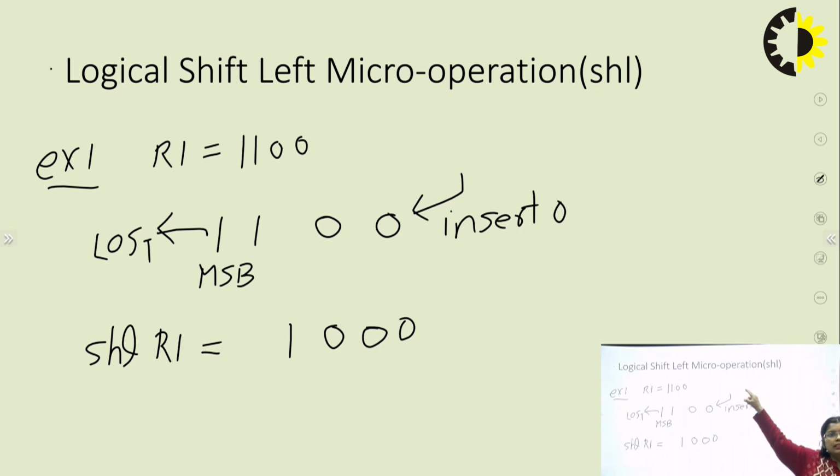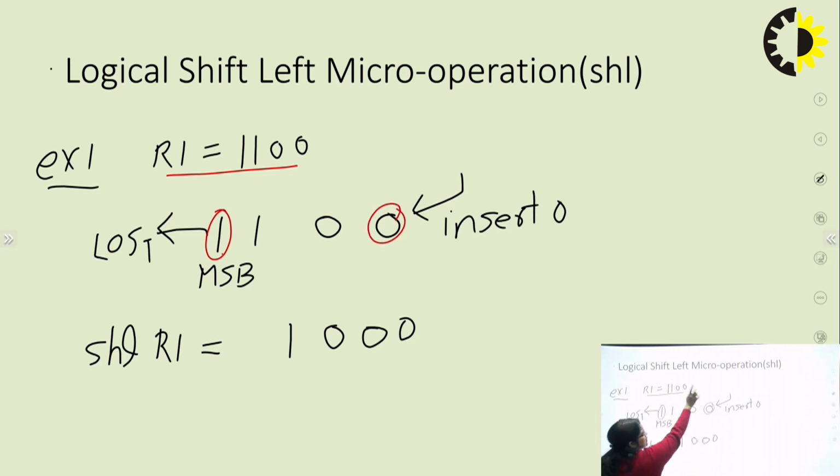So for the logical shift left micro operation, suppose this is the example R1 equal to 1100. In this R1 equal to 1100, what will happen? 1 is the MSB and 0 is the LSB. At the logical shift left, at the LSB side you insert 0 and this particular MSB will be lost. Means in SHL R1, this is the result.